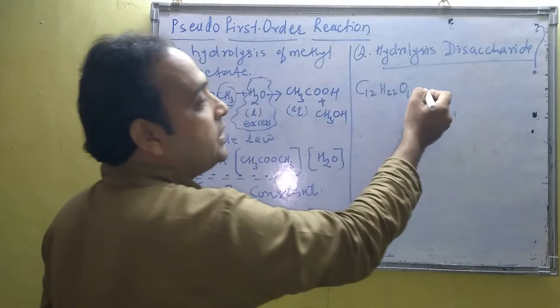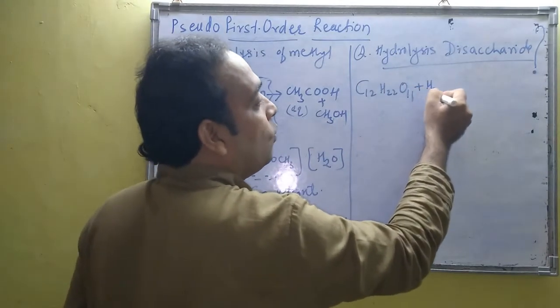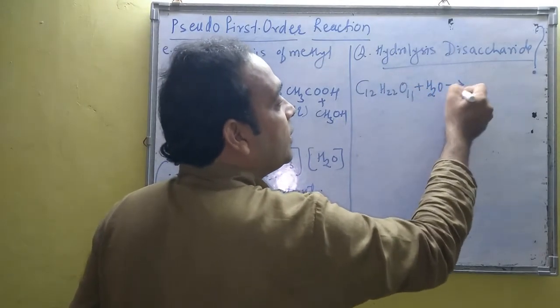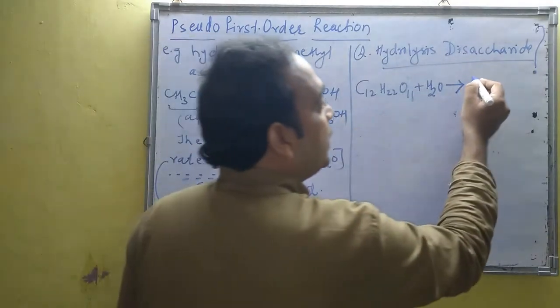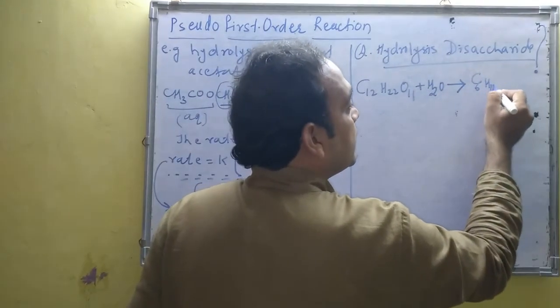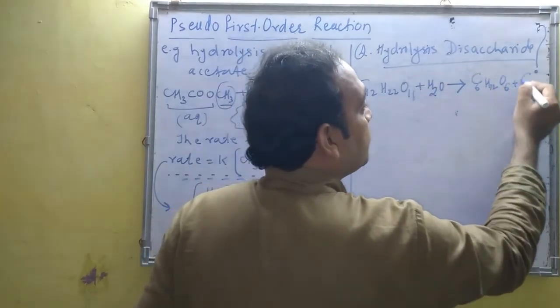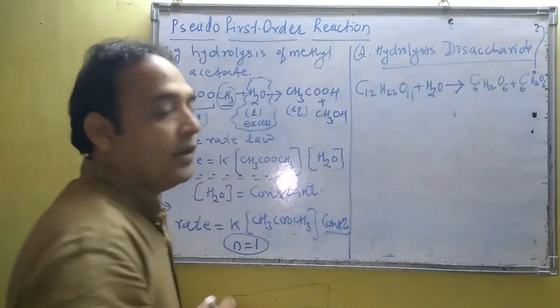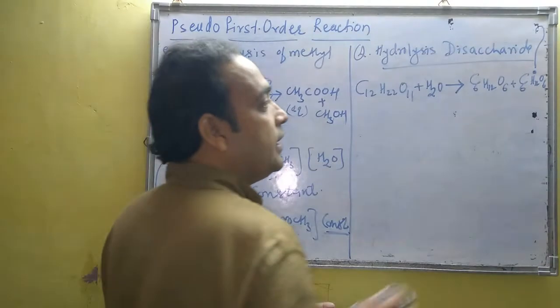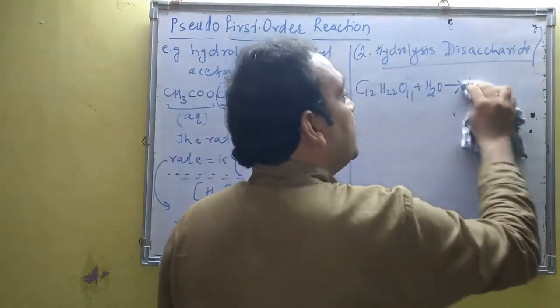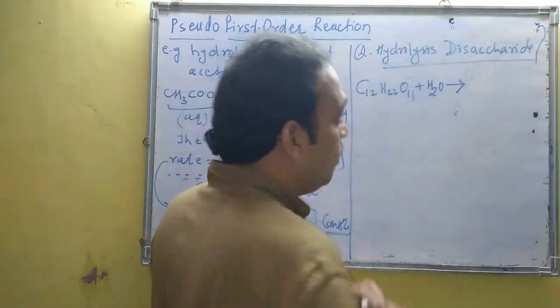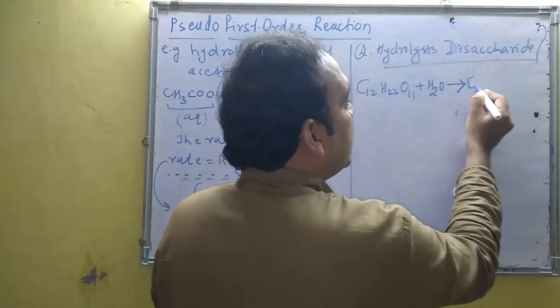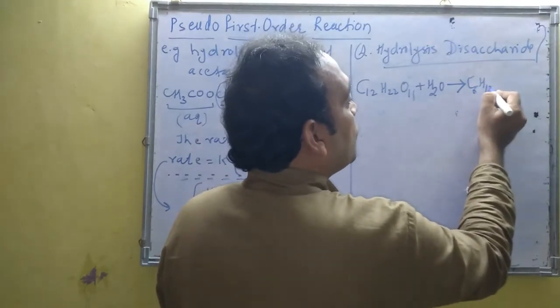Now, hydrolysis means it reacts with water, and when it reacts with water, it will convert into C6H12O6 plus C6H12O6. One is glucose and the second one is fructose.